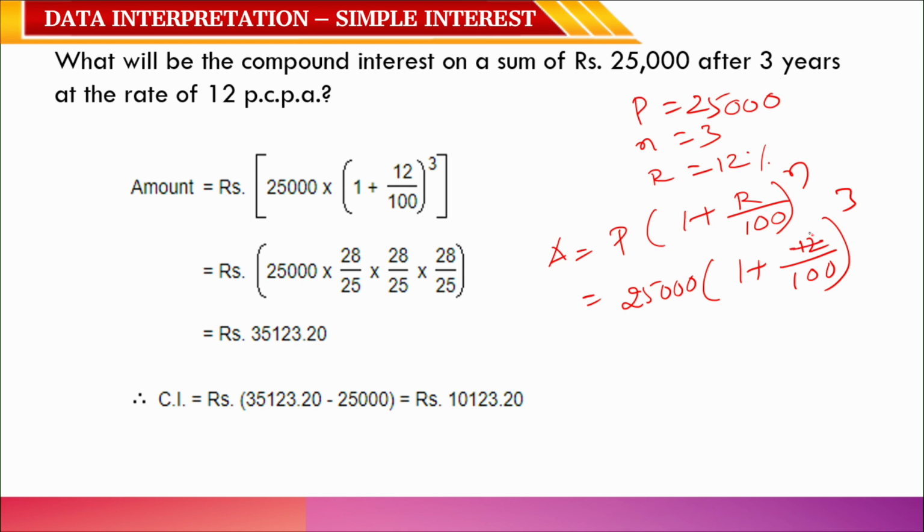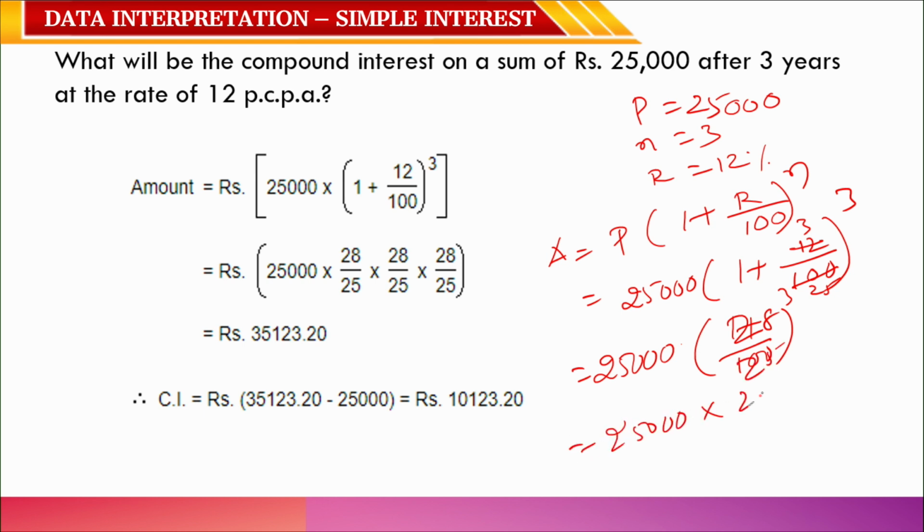So, you can say 4 3s are 12, 4 25s are 100, so 25,000 into 1 plus 12 by 100, that is 1 plus 3 by 25, which is 28 by 25 whole cube, or you can say 25,000 into 28 of 28 of 28 by 25 of 25 of 25. 25 ones are 25,000, correct.